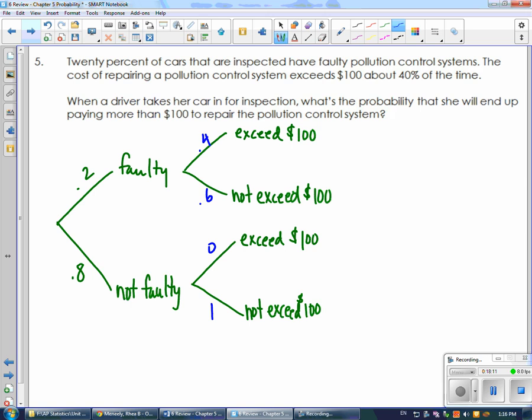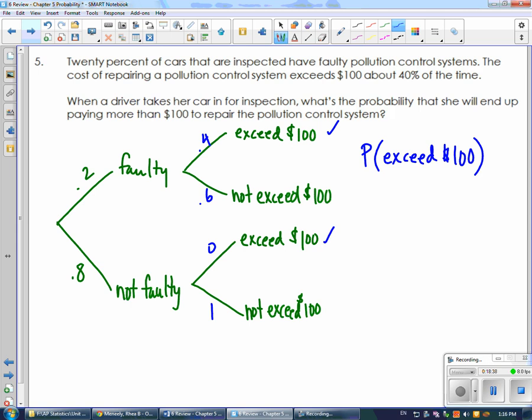All right, so basically we want to know when a driver takes her car in for inspection, what's the probability that she will end up paying more than $100 to repair the pollution control system? So I am simply trying to find the probability that the repair is going to exceed $100. And there's 2 paths that we can take. 1, 2.